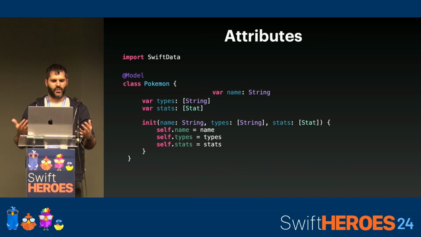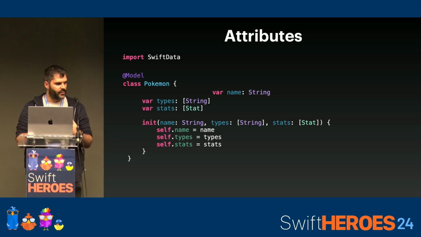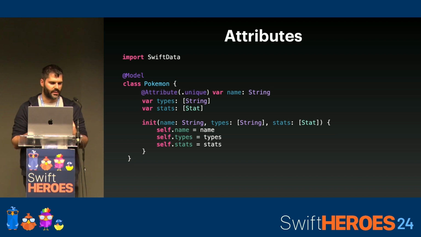Okay, let's move on. We want to specify some behavior related to our property, and we can use an attribute. In our case, it is a new macro, Attribute, where we can specify a specific behavior for our property.